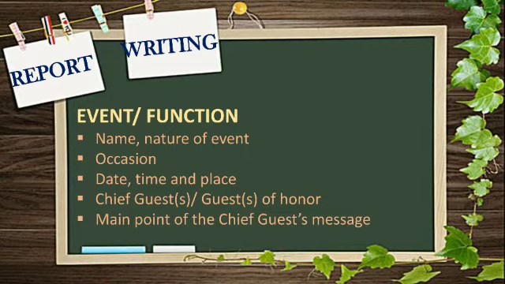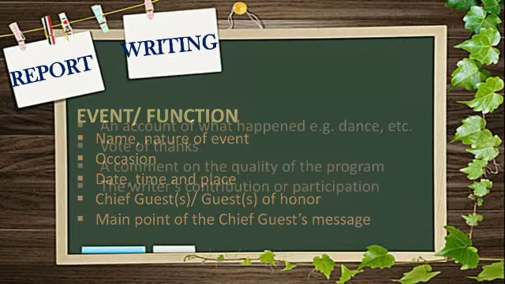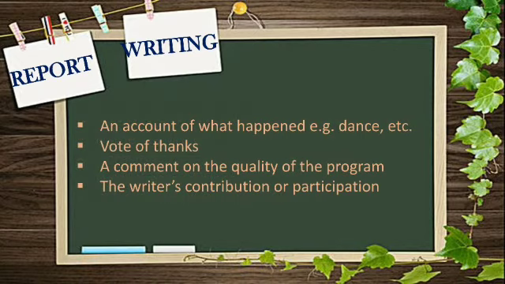First of all, he will write the name of the event, the nature of the event, then the occasion, then the date, time and place of it, then the chief guest's name or the guest of honor's name, then the main points of the chief guest's message, and after that an account of what happened, meaning what all programs were there in that event, like dance, etc. Then the vote of thanks, meaning who gave that vote of thanks.